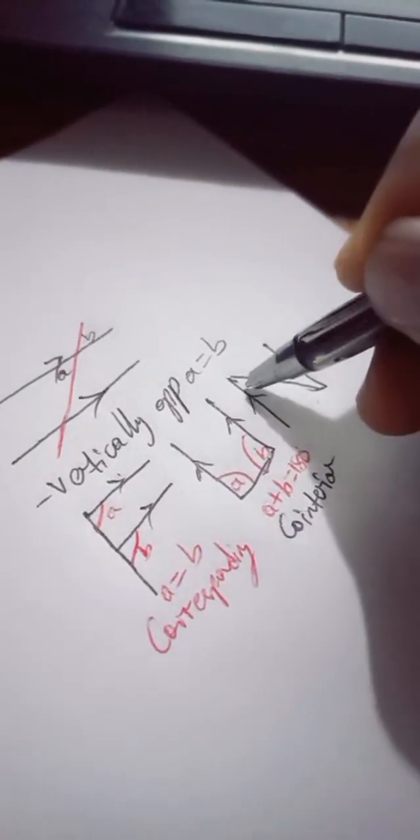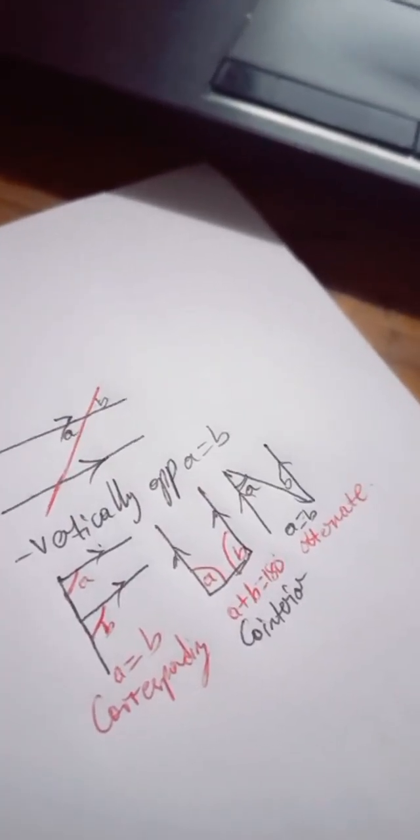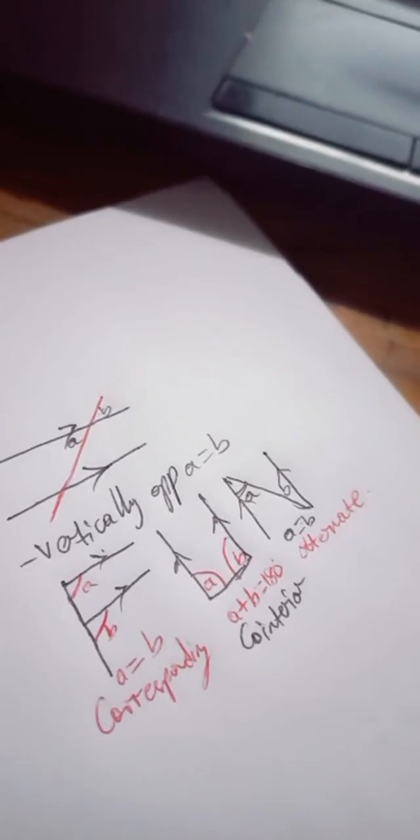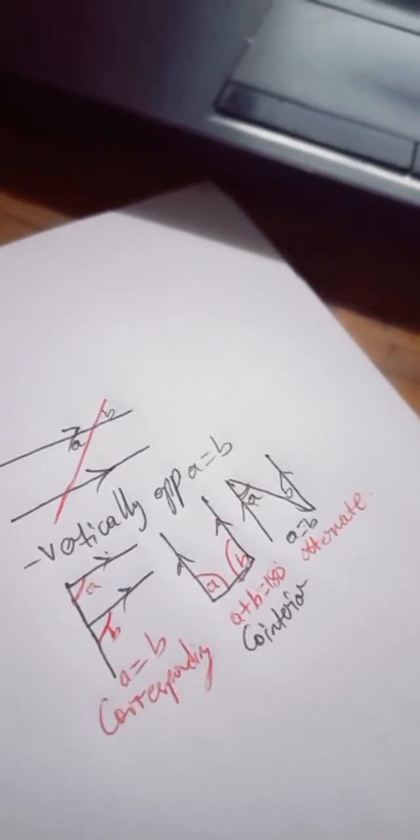When we go to N also, this is parallel to this. So on N, we are saying angle A and angle B. A is equal to B. If A is equal to B, these are what we call alternate angles. That's what we have here.